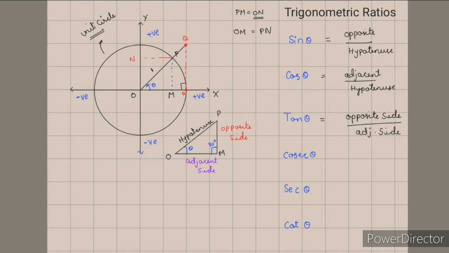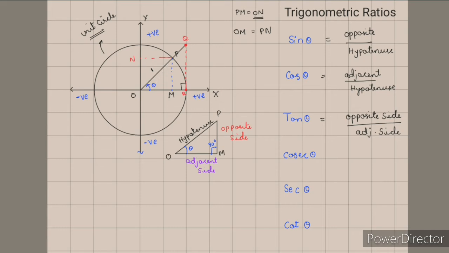You must have got some doubt because I haven't varied theta, but I changed the right angle triangle. Will sin theta and cos theta remain the same or not? Yes, of course, they remain the same, because for a single theta, the value of sin theta is a fixed quantity. It can't have two different values for a single theta. Now, what is sin theta here?